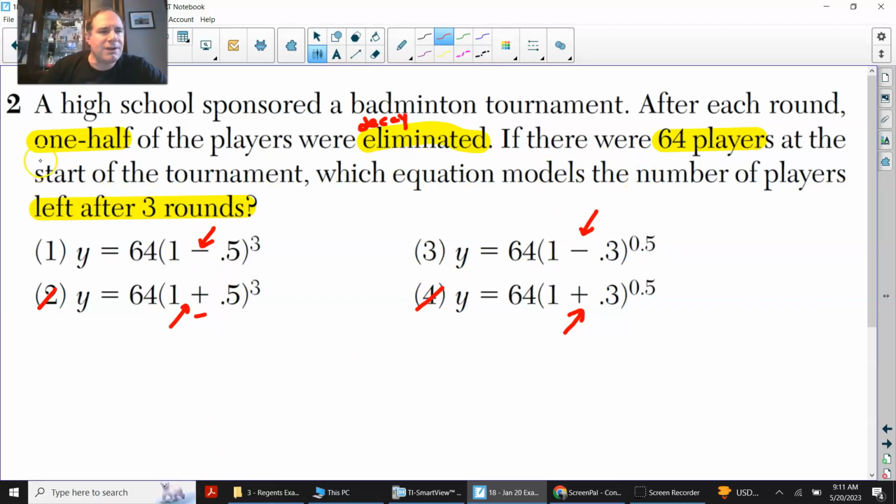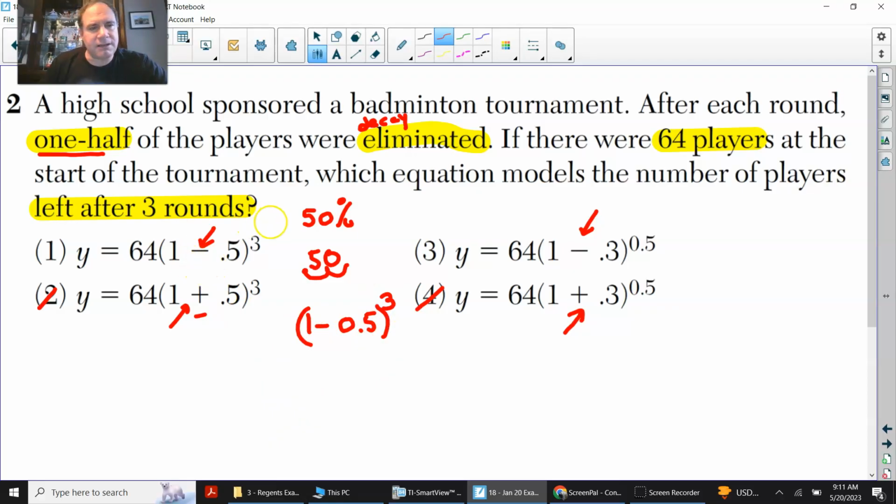It says that 1/2 of the players were eliminated. That means 50% were eliminated, so you change that to a decimal. It is 1 minus 0.5. And because they want to know how many players were left after 3 rounds, it is a 3 right here. After 3 rounds, 1 is your answer.